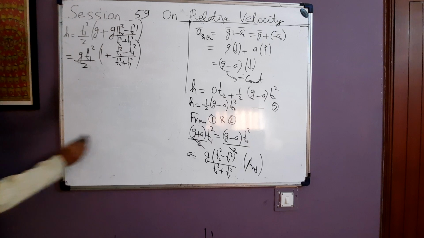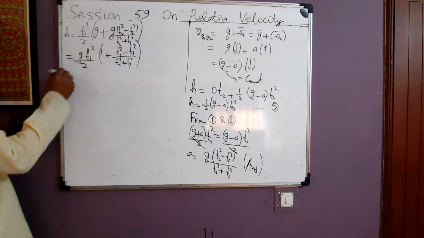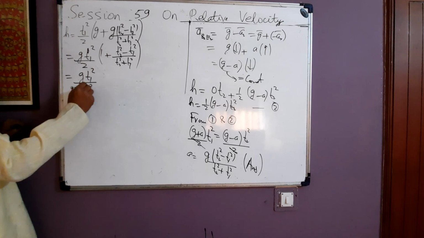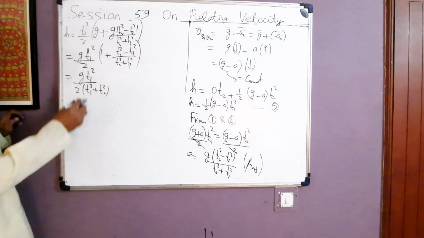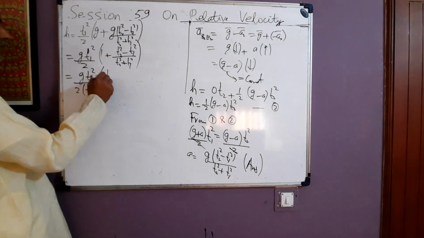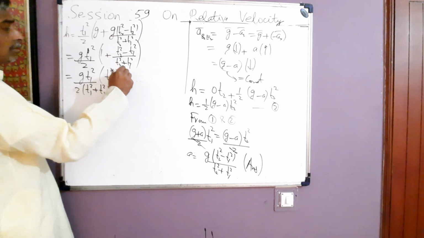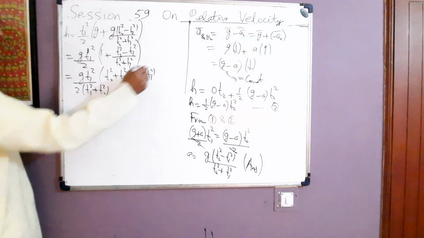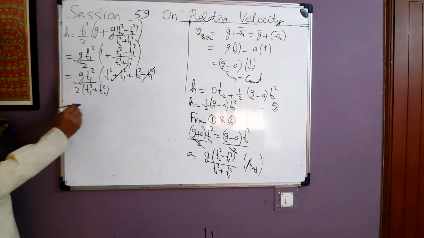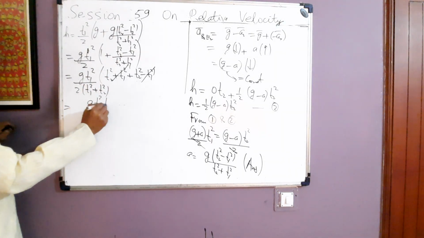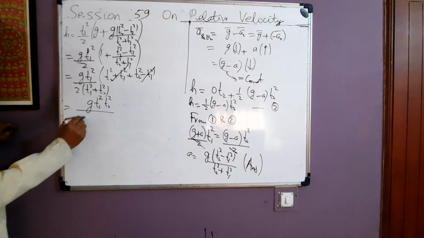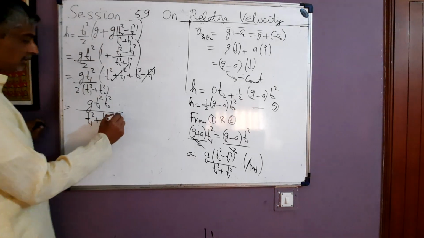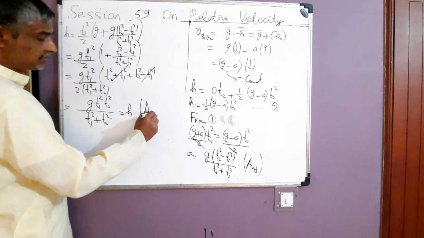I will simplify this: g T1 square by 2 times [(T2 square plus T1 square plus T2 square minus T1 square) by (T1 square plus T2 square)]. Now T1 square goes away, 2 will go away. So h is g T1 square T2 square by (T1 square plus T2 square). This is the answer to the second part of the question.